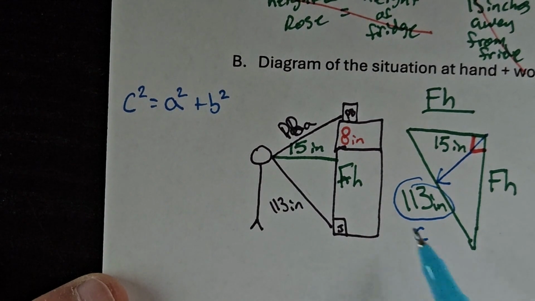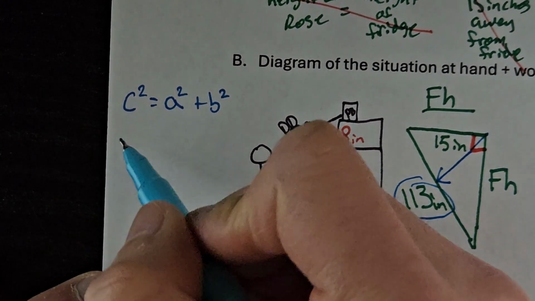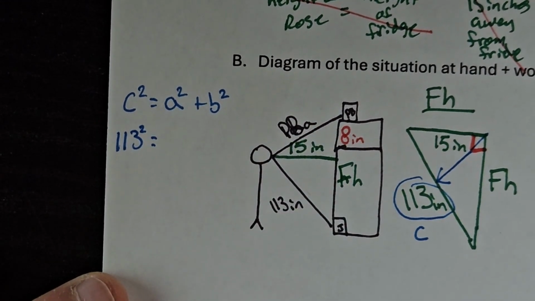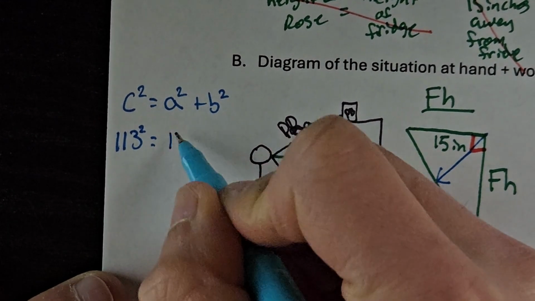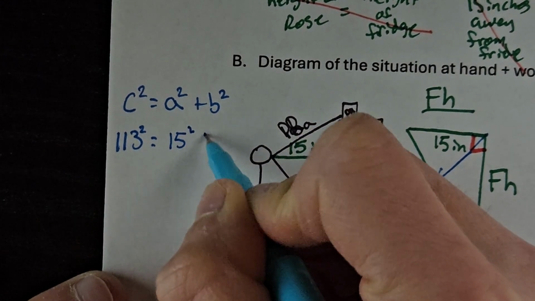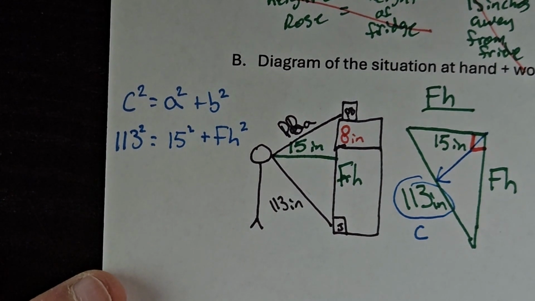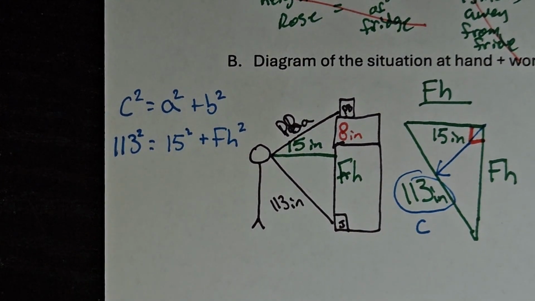I need to put 113 inches right here, because that's my C, and that's going to be equal to 15 squared plus FH squared, because that's the fridge's height for what I am trying to find.